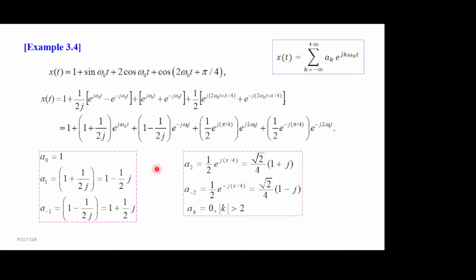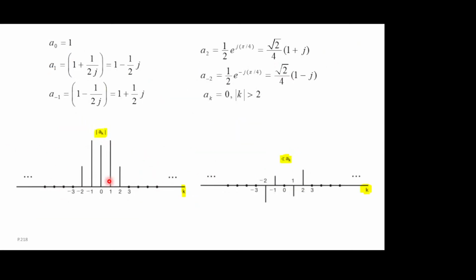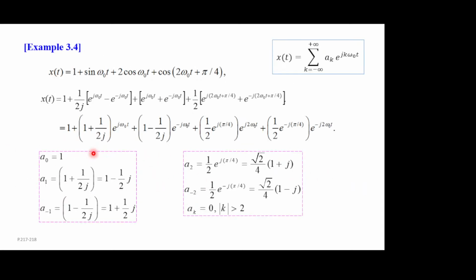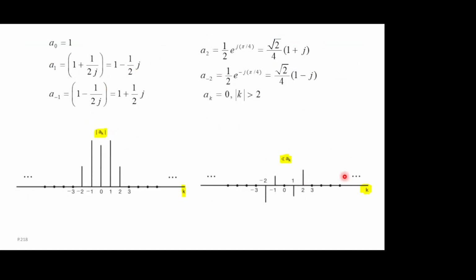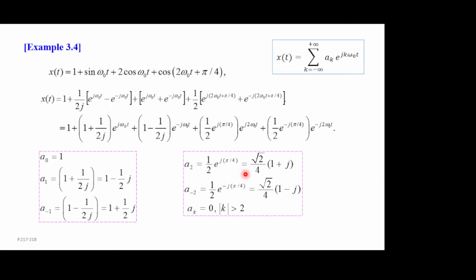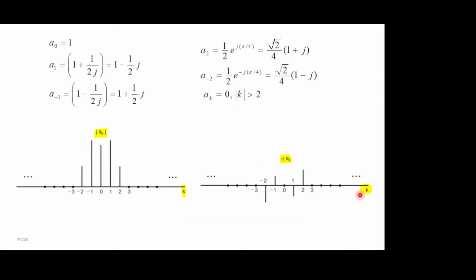Okay, so if you plot x of t, then it's something very complicated that will extend throughout all time. But if you plot the ak, this also contains all the information about x of t, and it's just 5 complex numbers here. Okay, that's pretty cool. So we can plot the function in terms of k, because we plot those ak.